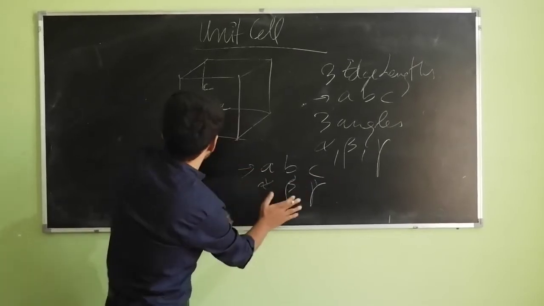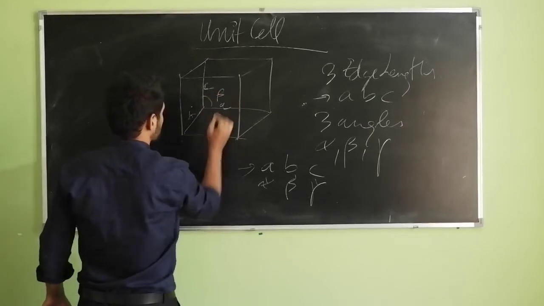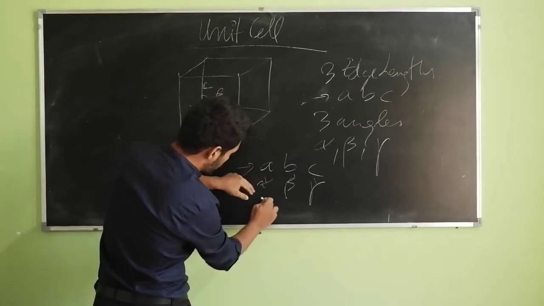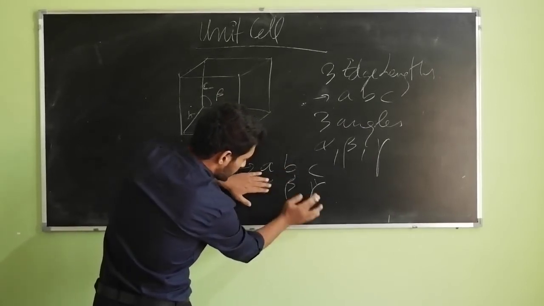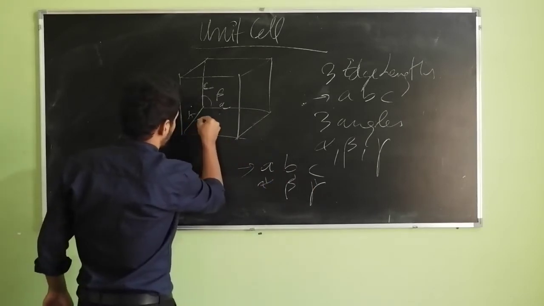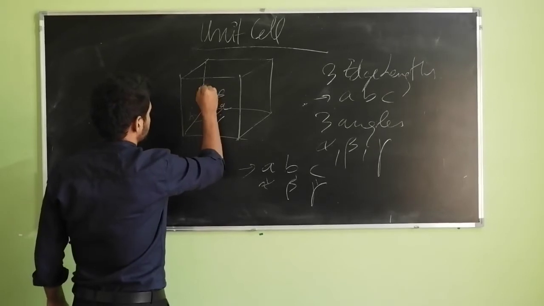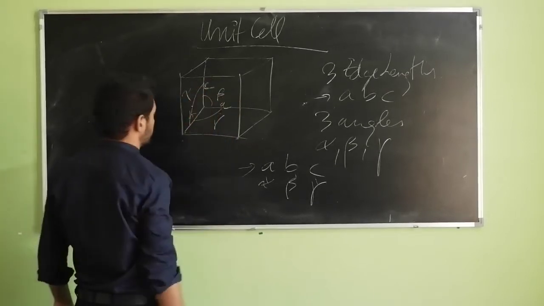The angle between A and C is beta. What's the angle between A and B? A and B, I forget the corresponding angles. So this is how I forget it. Gamma. A and B, I have gamma. And obviously between B and C, that's the remaining angle, which is alpha. That is the angle that we have.